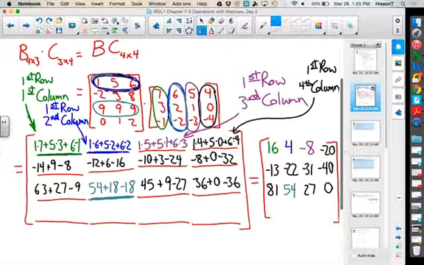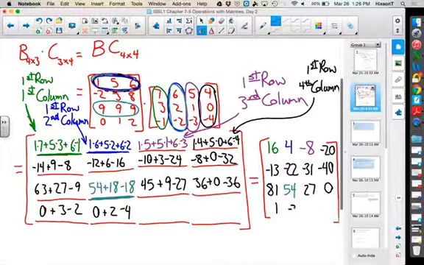Now our last row. 0, 0, 6, 8, negative 2. Get a 1. And then we've got 0, 0, plus 2.